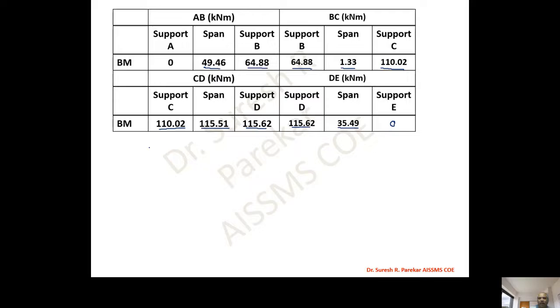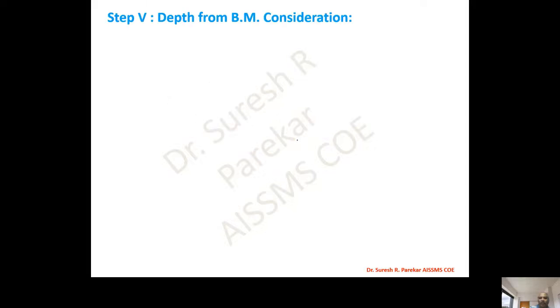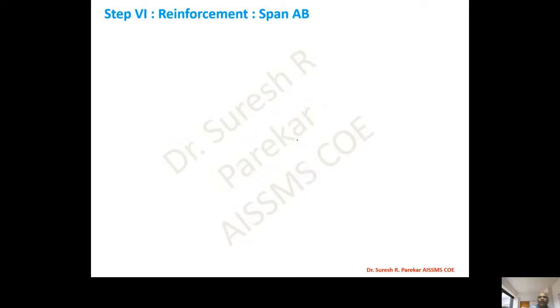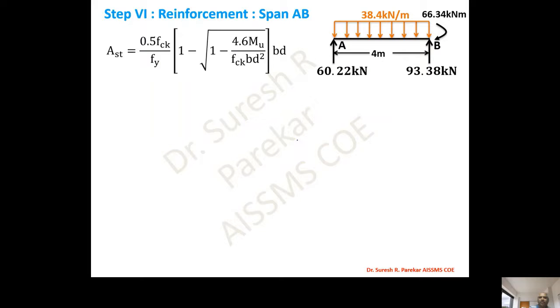Now try to understand, we always have to consider the maximum moment, which is 115.62, at the support. At the support we have tension at top, so the beam will act as a rectangular beam, and for this rectangular beam we have considered a width of 230 millimeters. Therefore we have 381.72 required, which is less than 440, therefore okay.